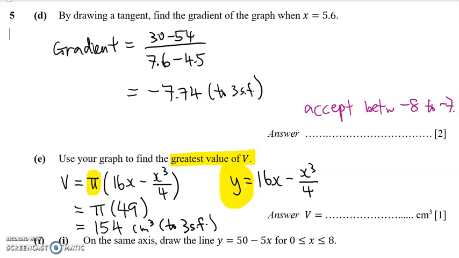For y, the range of values would be between 49 and 50. So when we substitute in this value, we should get between 154 and 157.